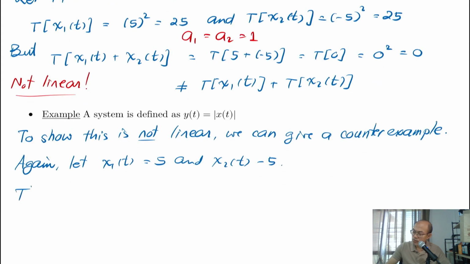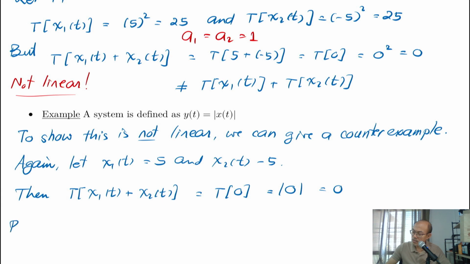Then you can repeat the same process. With a1 equal to a2 equal to 1, T of x1 plus x2 is T of 0, and that is 0.